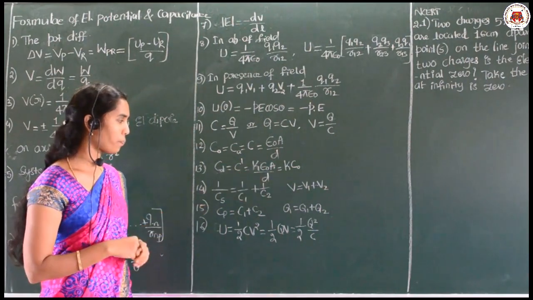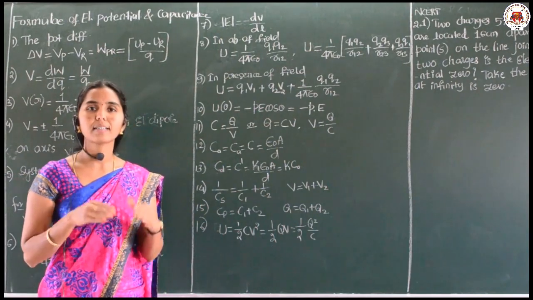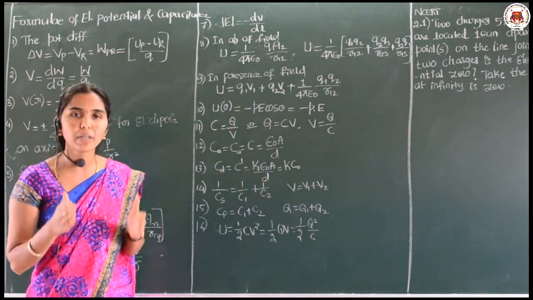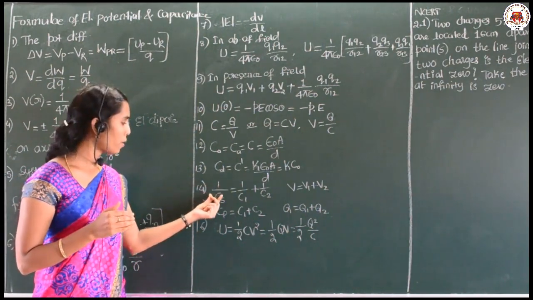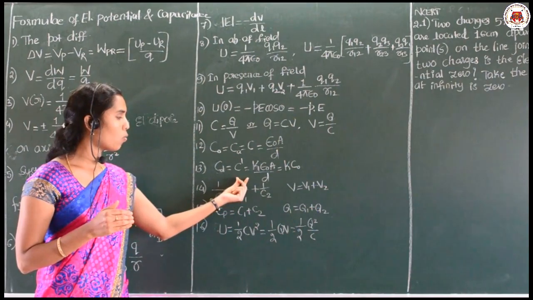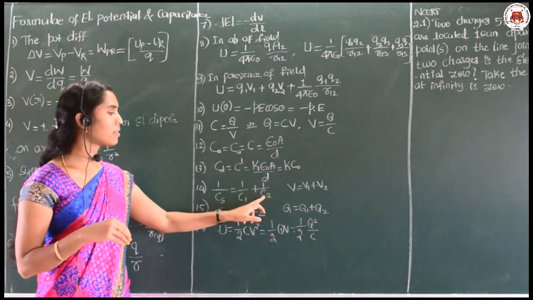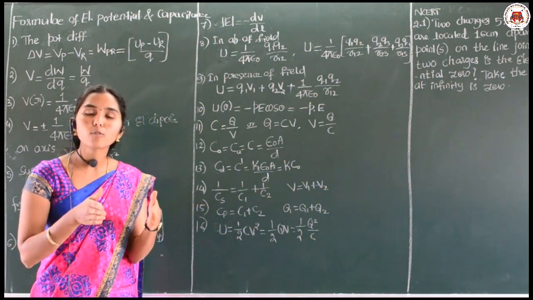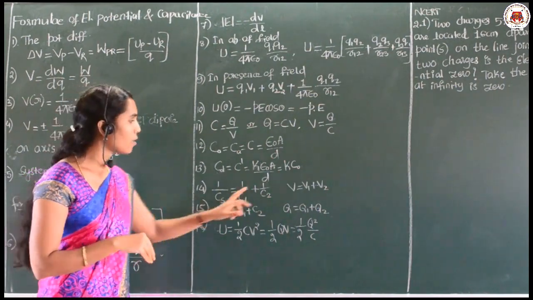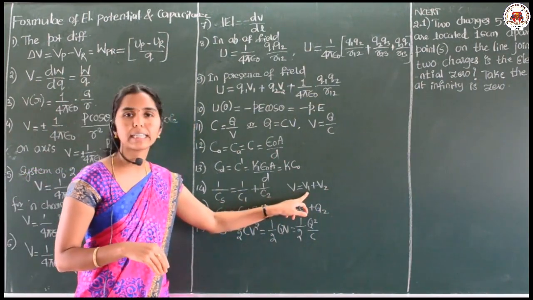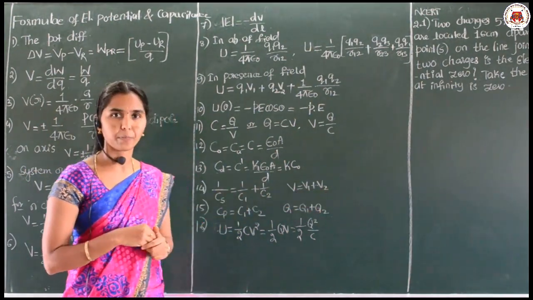Then if the capacitors are connected in series combination, the effective capacitance Cs is given by 1/Cs = 1/C1 + 1/C2, where C1, C2 are the capacitances of the capacitors connected in series. And the total potential in series is V = V1 + V2, right.